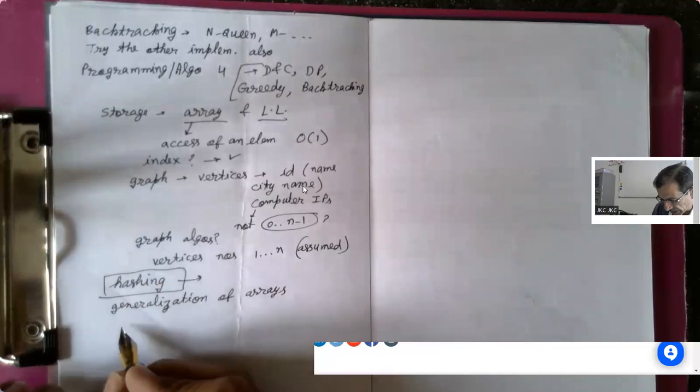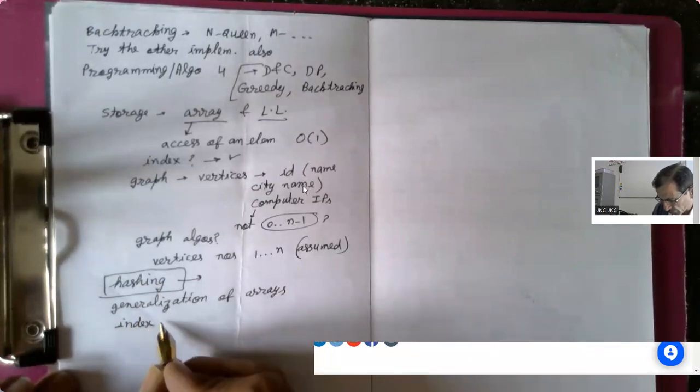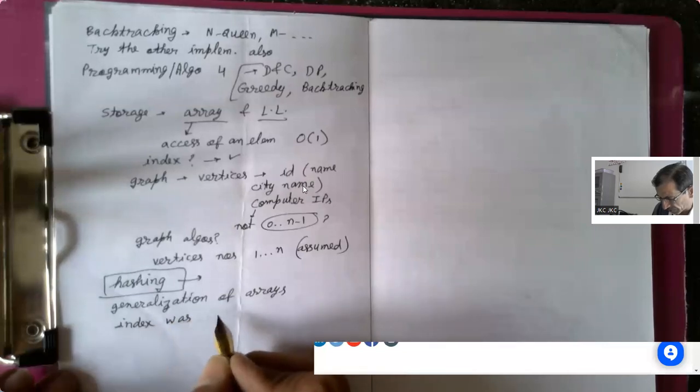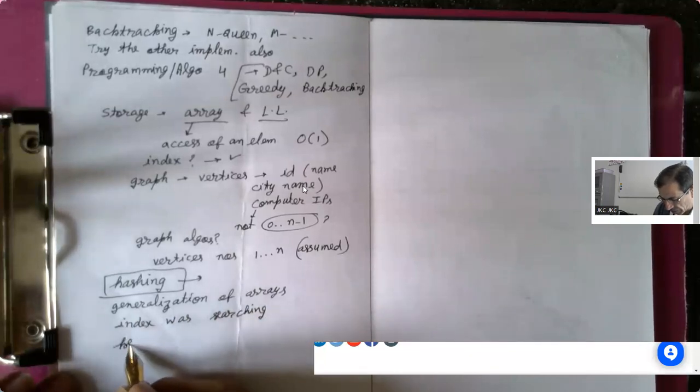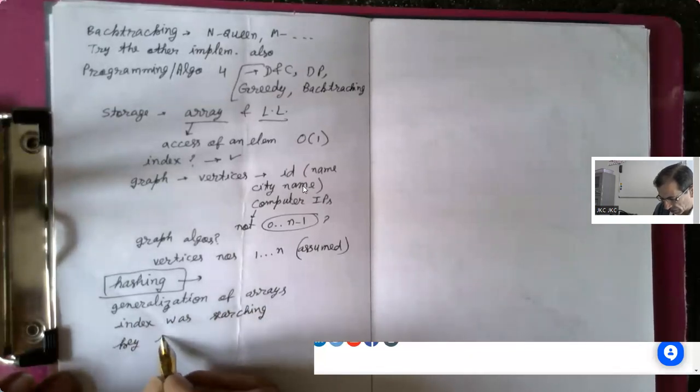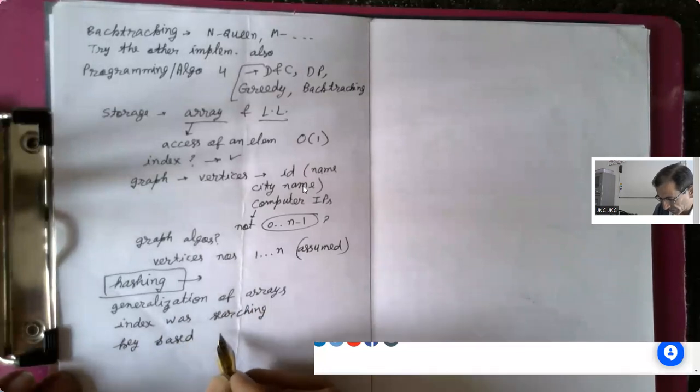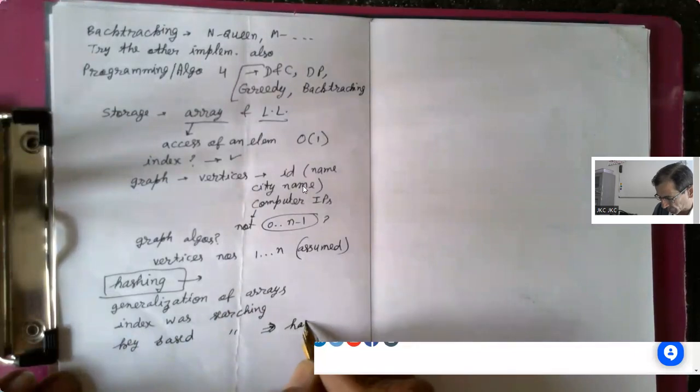Why? In arrays, the index was the factor for searching. But what we need is certain key values to be used for searching, and for that hashing will be useful.